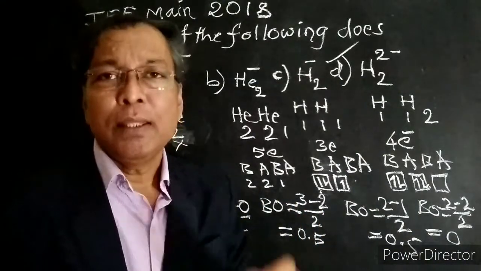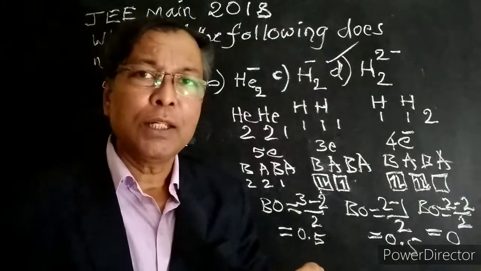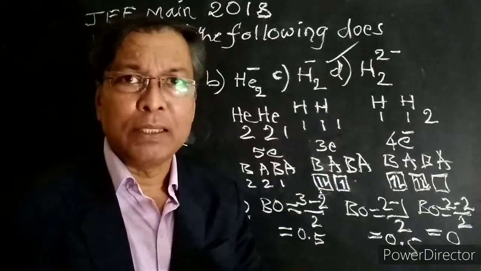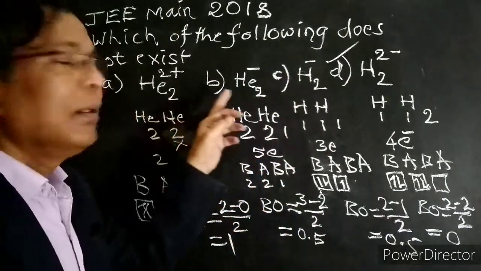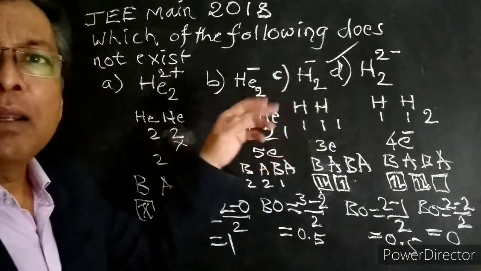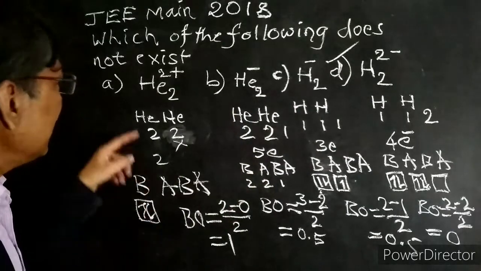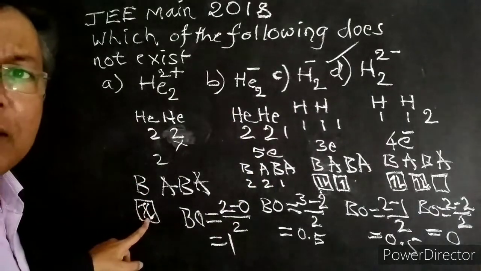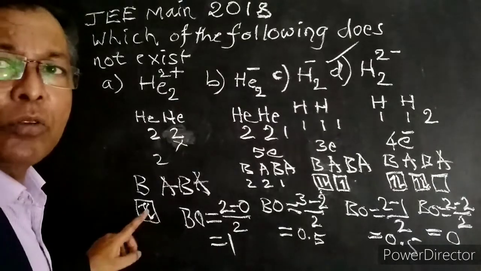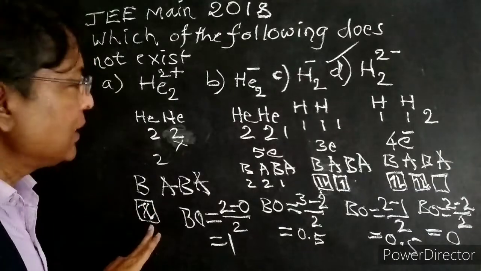In the same way, they may ask questions related to magnetic properties. They may give the same questions and they may ask which of the following are paramagnetic. If you see the first molecule, there are paired electrons. When the molecule has paired electrons, it shows diamagnetism.